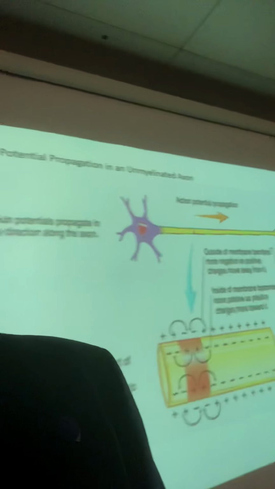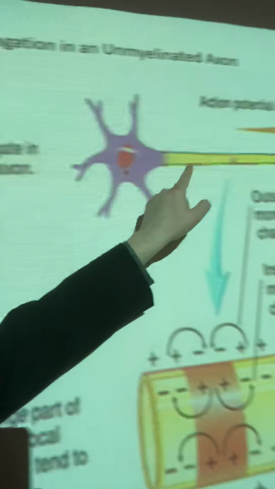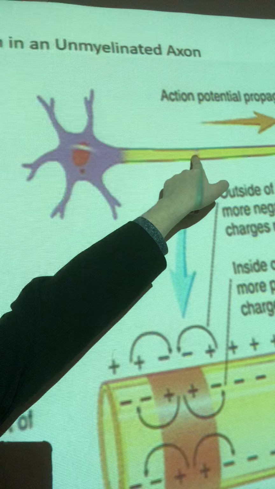Now, on unmyelinated axon, it's only action potential that moves the signal forward. Right here, you see it? So here's the idea that the signal's moving forward. Here would be the signal at this point.